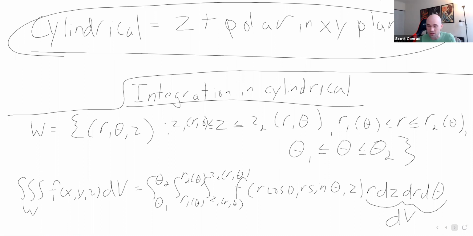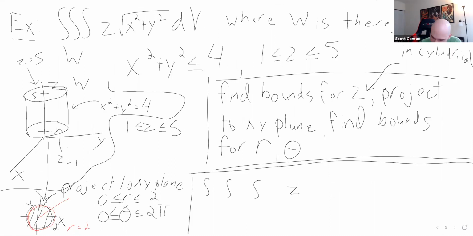X squared plus y squared is r squared, so the square root of r squared is just r. That's what our function becomes. And then dV becomes r dz dr d theta. Can't forget the r. You have to multiply the whole thing by that.